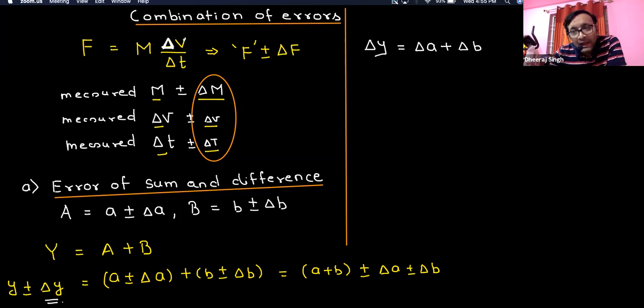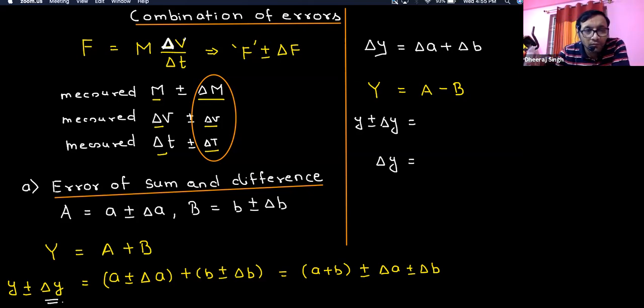Now if I say that Y is equal to A minus B, suppose I subtract the two values. Now tell me what is the error in Y? All of you calculate what delta Y will be equal to. Everyone should do it.